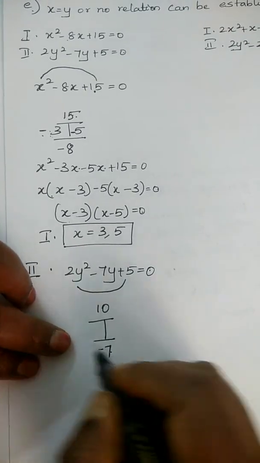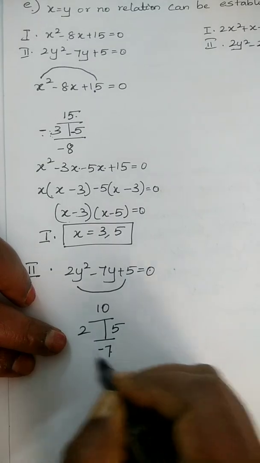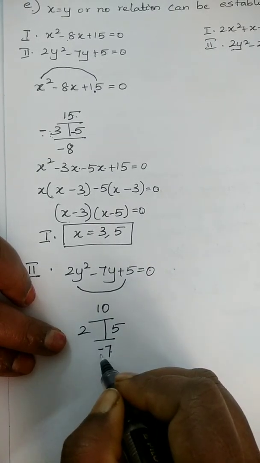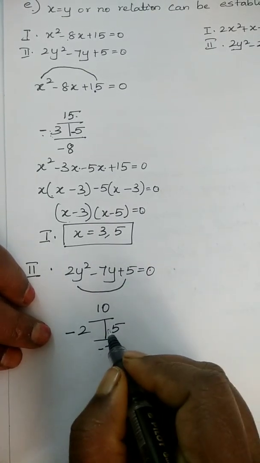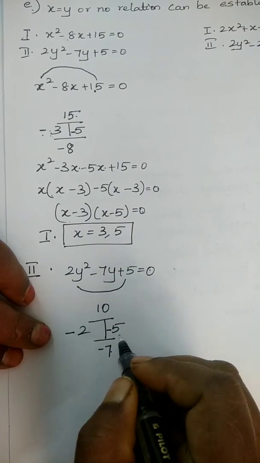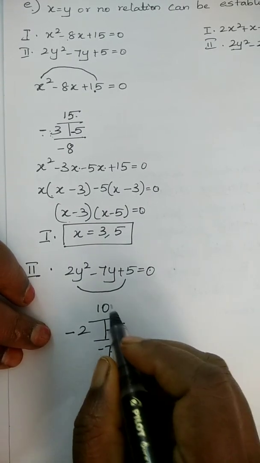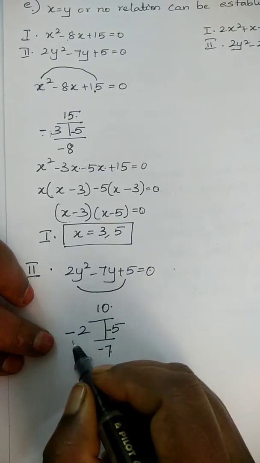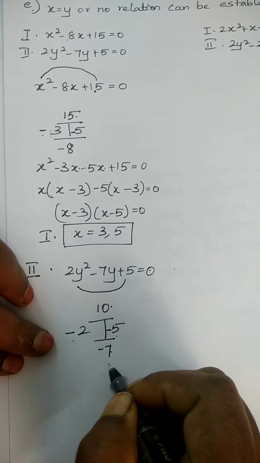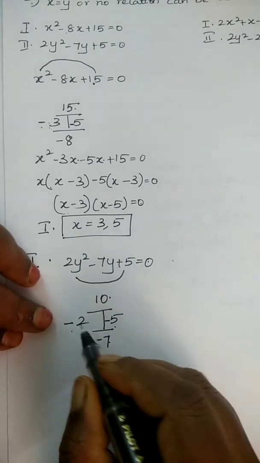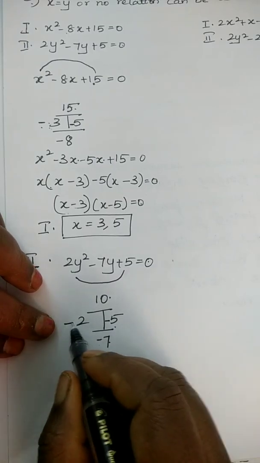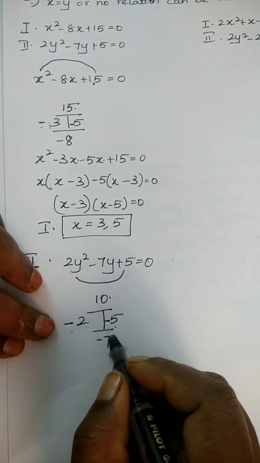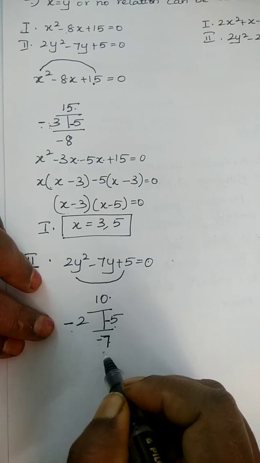If you want to split, 2 5s are 10, but here minus 7, so minus 2, minus 5. Minus 2 multiplied by minus 5, we will get 10, and minus 2, minus 5, minus 7. So same, minus means it will go on addition.